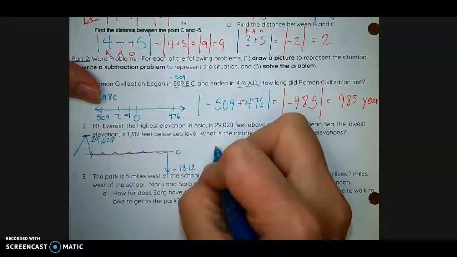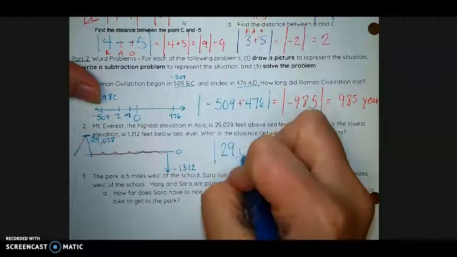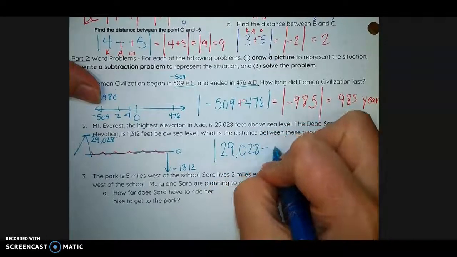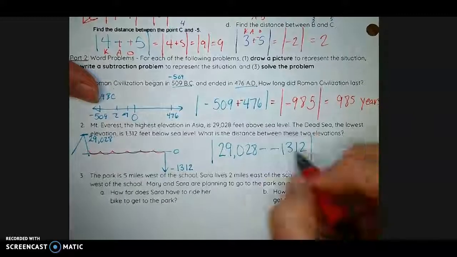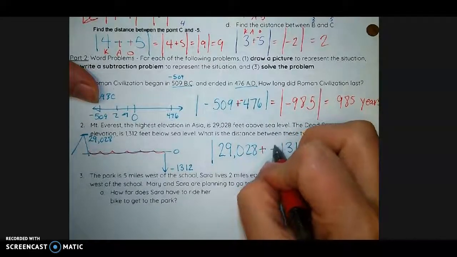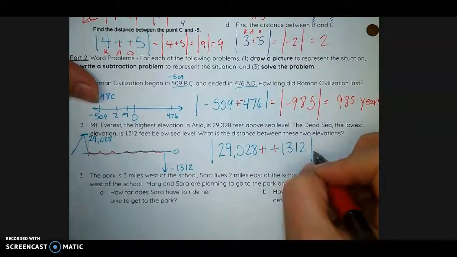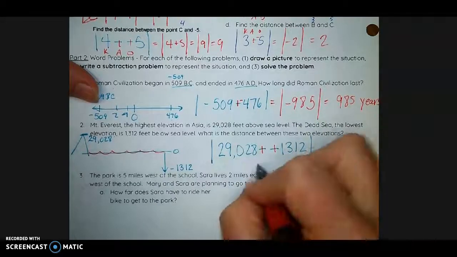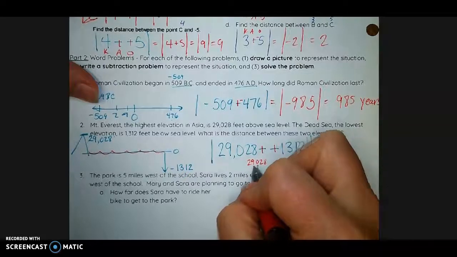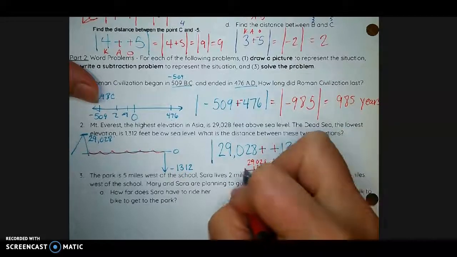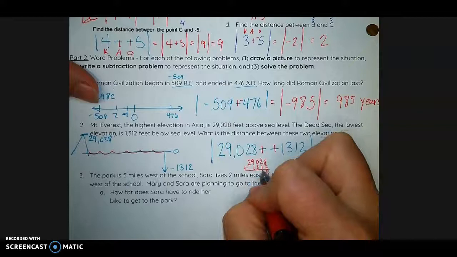So I need the distance between 29,028 feet, and I'm going to subtract that negative distance under the sea. So remember, I'm going to keep the first number, add the opposite. So I'm adding these two numbers. I want to go ahead and show this all lined up for addition to make sure that we all know how to line up our place value there.